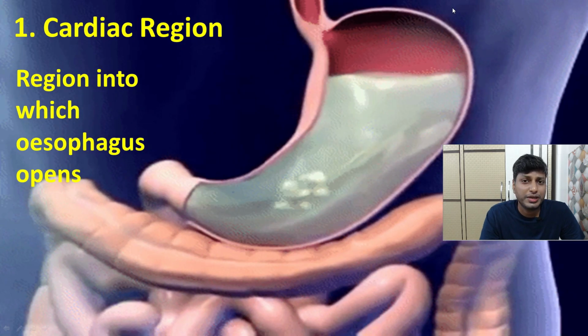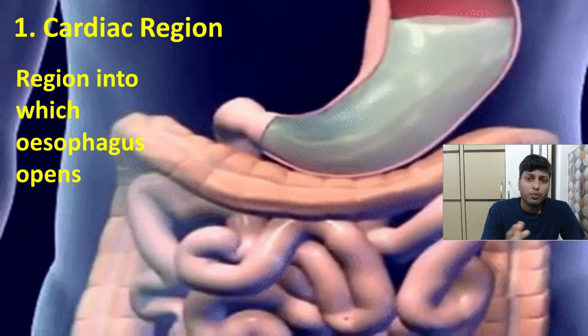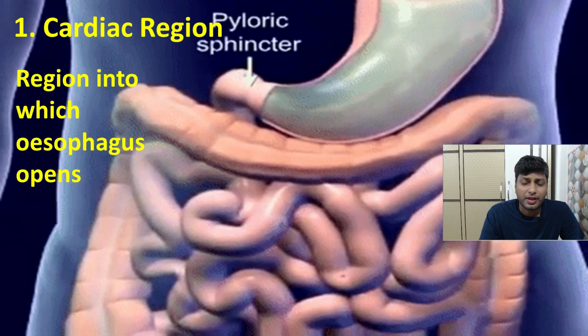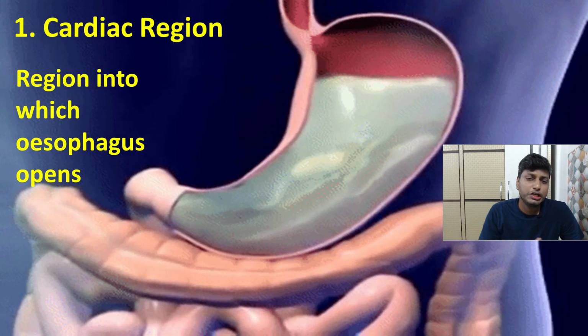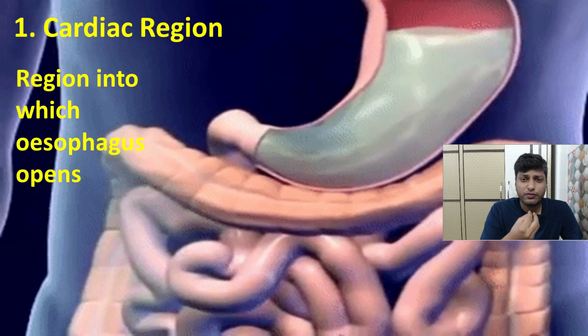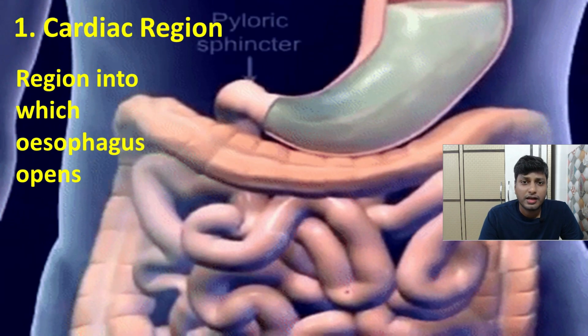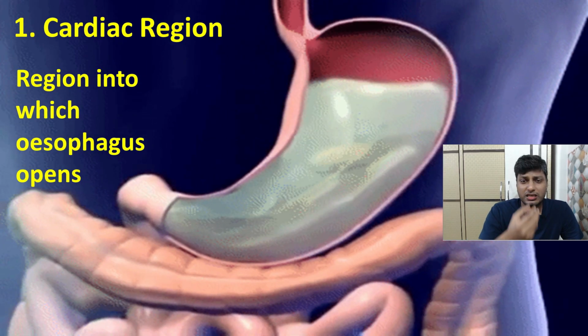Now dear students, you can see the first structure, which is known as the cardiac region. What is this particular region? The food pipe enters into the stomach, right? When we eat food, where is it going? It's going inside the food pipe from the mouth.